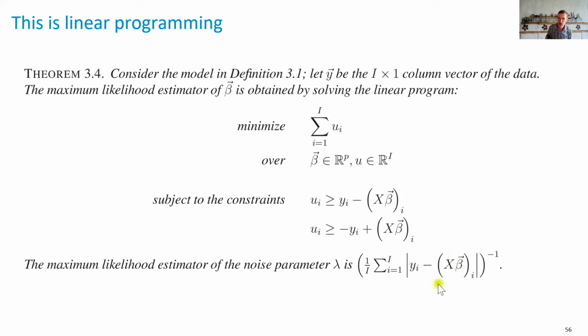This is a nonlinear problem, but it can be transformed into a linear problem by adding supplementary variables that are the values of these absolute values. If I call them u_i, I have to minimize the sum of the u_i subject to u_i being larger than the absolute value, which is equivalent to being larger than this and the opposite of this.